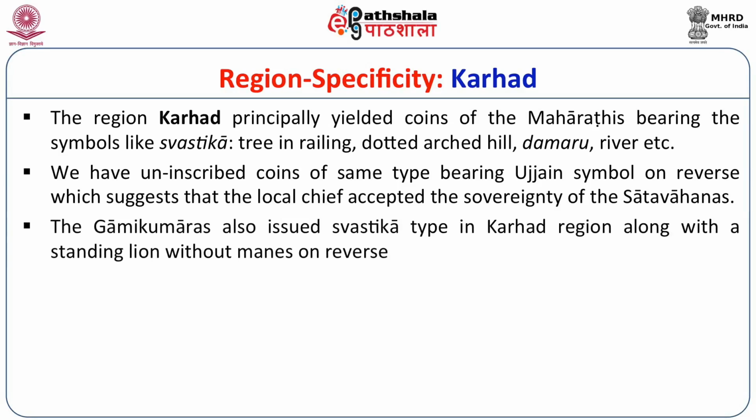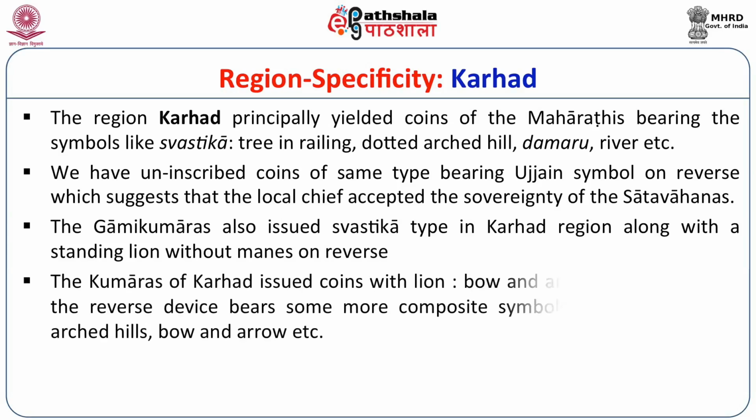The Gamikas also issued the swastika type in the Karhat region along with the standing lion without mane on the reverse. The Kumaras of Karhat issued coins with a lion and on the reverse a bow and arrow.